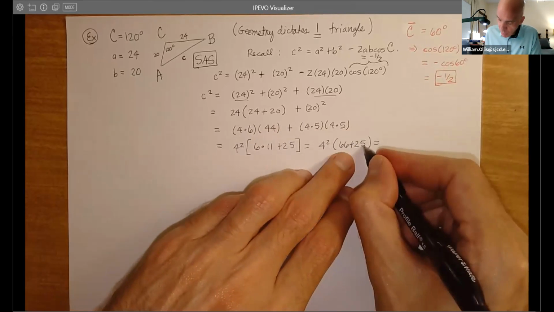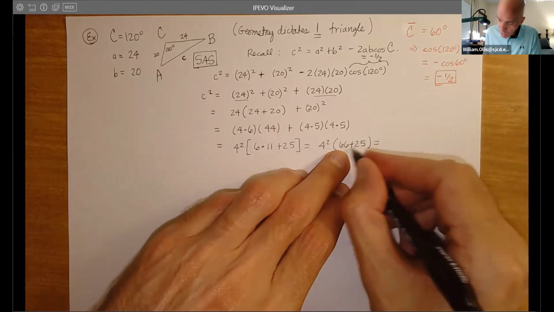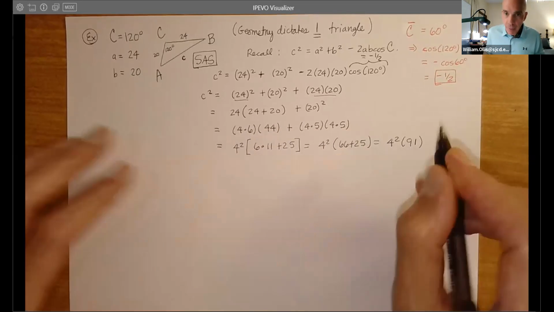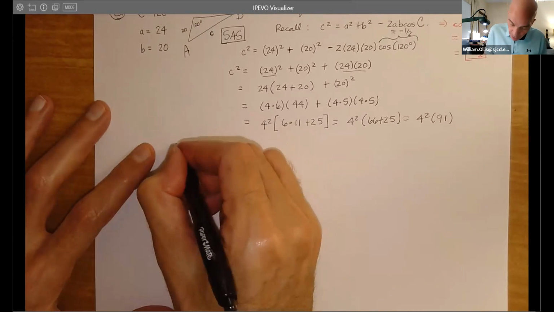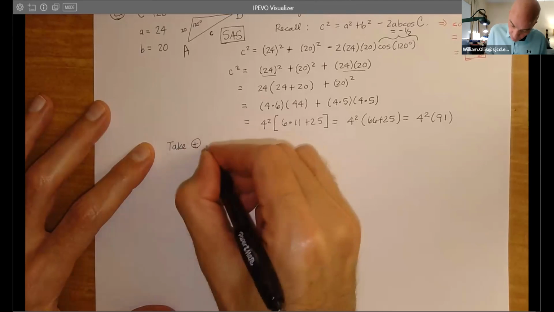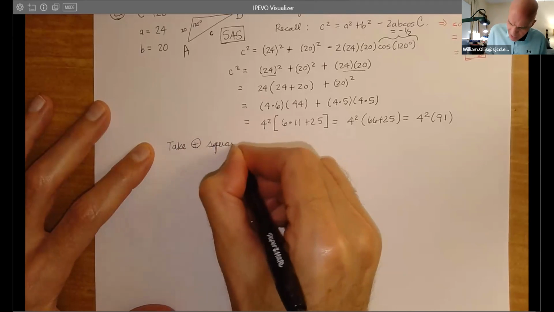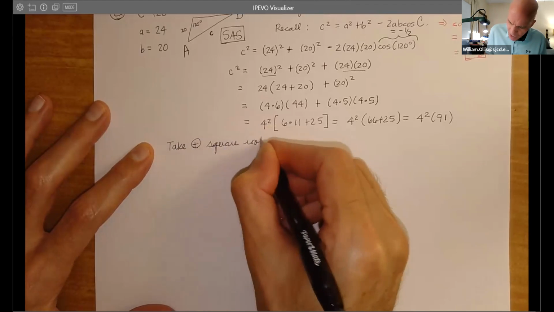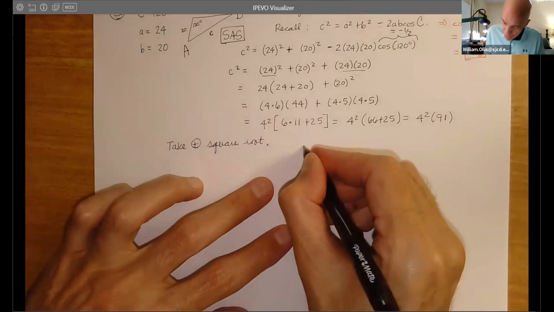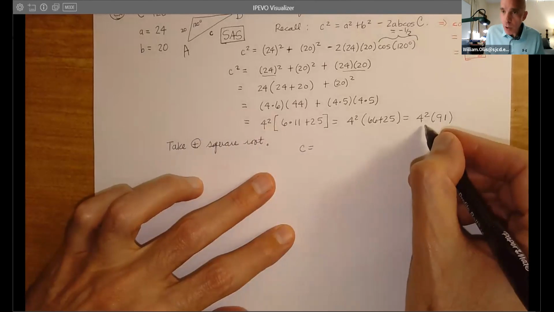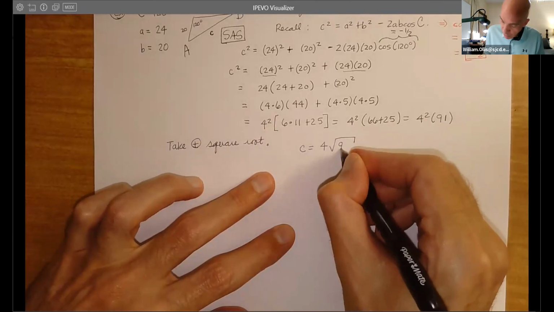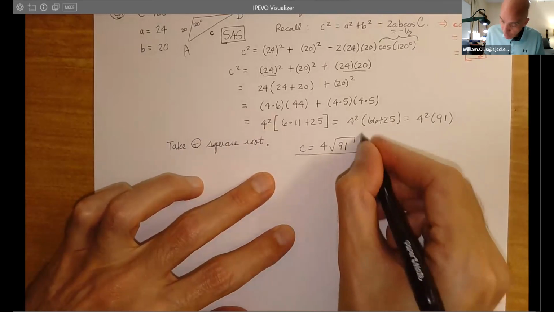And that's an 11 and a 1, so that's 91. 4 squared times 91. So now take the positive square root. We're seeing the law of cosines is a little bit more complicated because it tells us more. So we have C, well, the square root of 4 squared is 4, times the square root of 91. So that's the exact value for C.